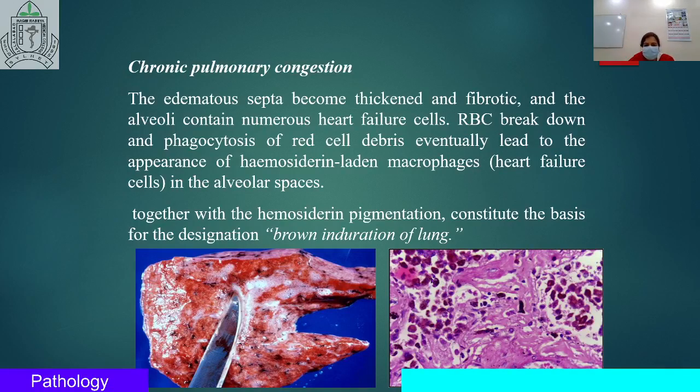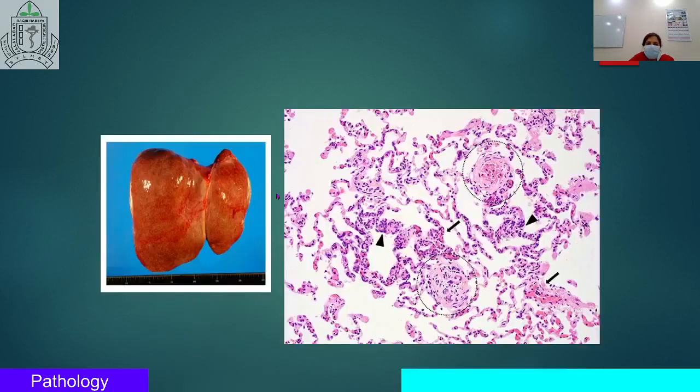The figure is like that. The color is of hemosiderin-laden macrophages. So, if we consider this figure, this is acute pulmonary congestion. The alveolar septa become edematous and the alveolar space contains alveolar hemorrhage.